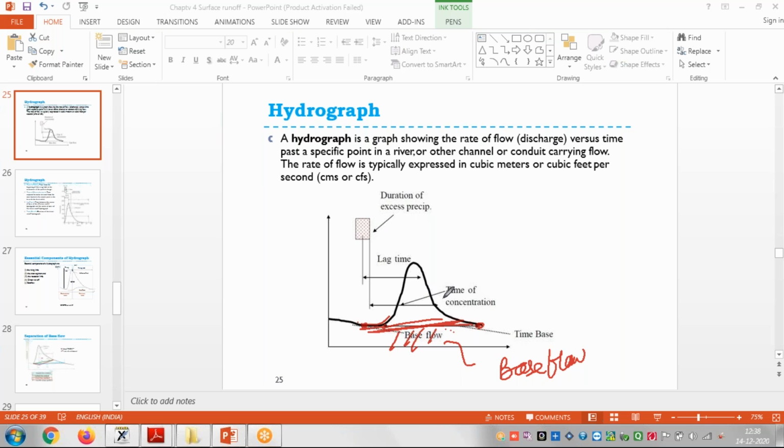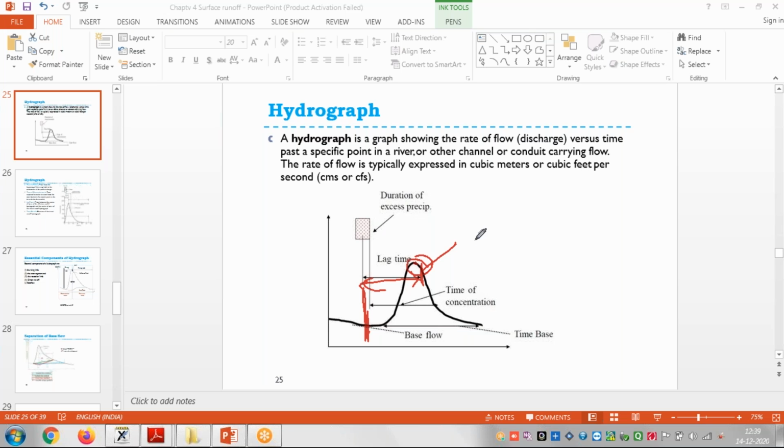And second, you will see that the time of concentration is given, and third is the lag time. What is lag time, and what is time of concentration? See, lag time means from where the rainfall started, and where the graph is coming down, the time required for the water from the start up to the stage of going down.